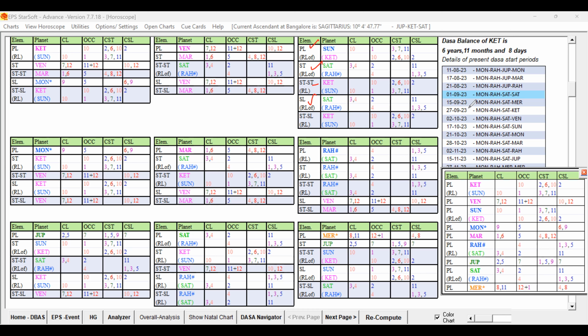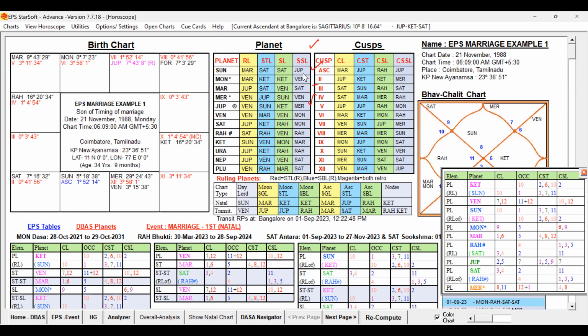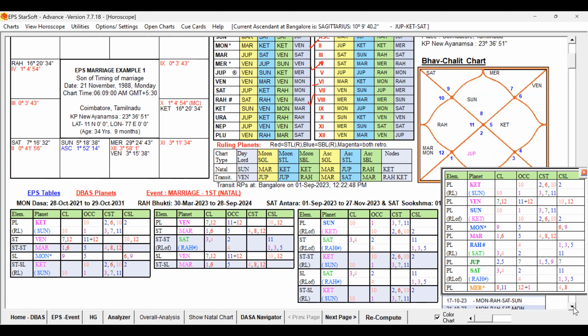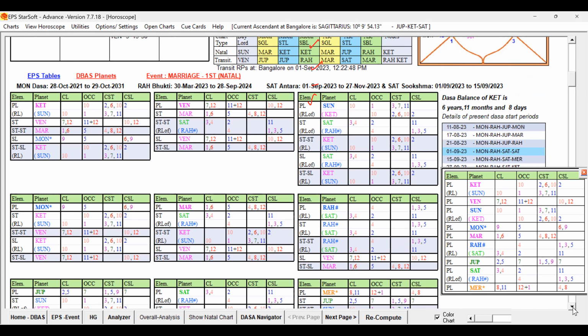Now what do we have to do? We have to check the key planets of the Dasa Lord. What are the key planets of the Dasa Lord? If you wish, we can also check the sub-lord of the Sun. The Sun sub-lord is Jupiter. Our favorable, strong key planet is playing a role at this sub-level, so this is adding more strength.